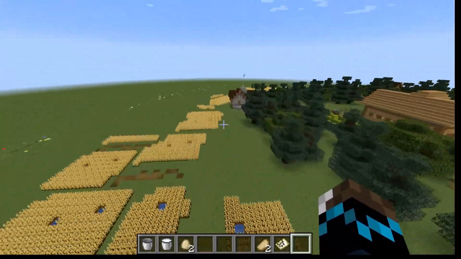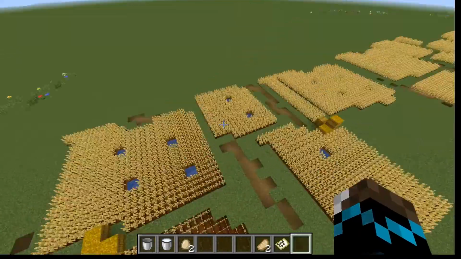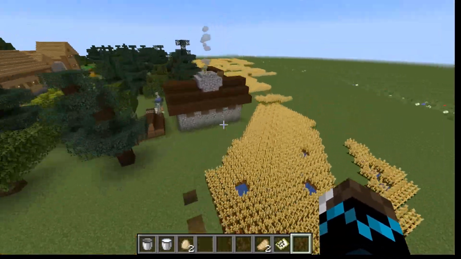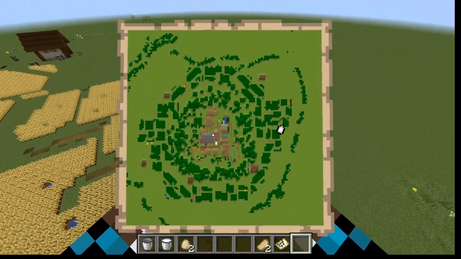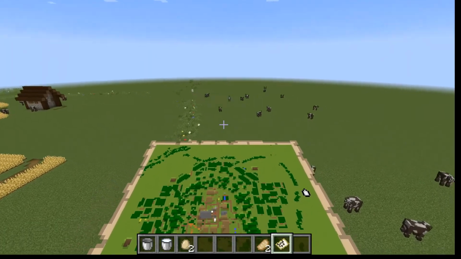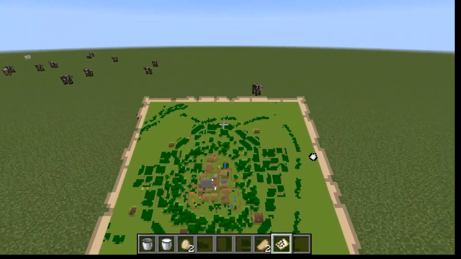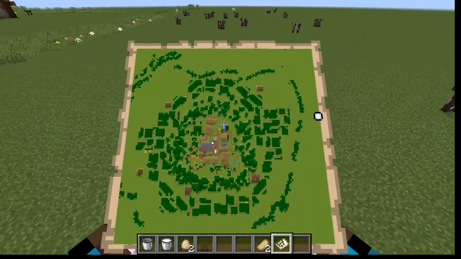And you can basically see a bunch of farmers probably having their houses here, a bunch of hay bales, a bunch of scarecrows, all that. So that's going to be our fourth ring.